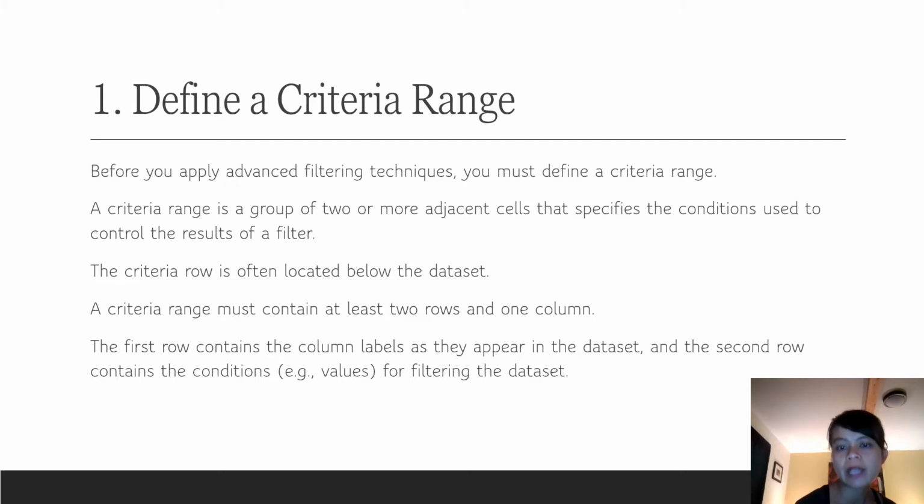The criteria range, again, must have at least 2 rows and 1 column. The first row should contain the column labels as they appear in the data set. The same way the data set has the labels, the criteria range must have the same labels, otherwise the whole thing won't work properly. Then the second row contains the conditions, filtering the data set.